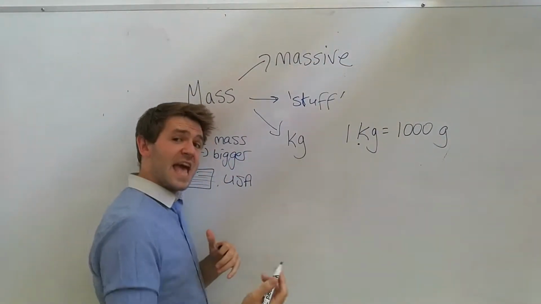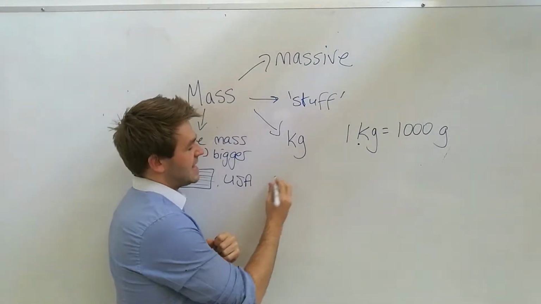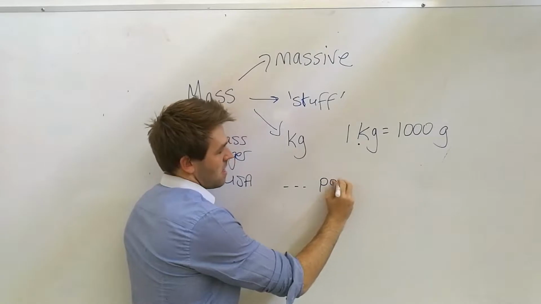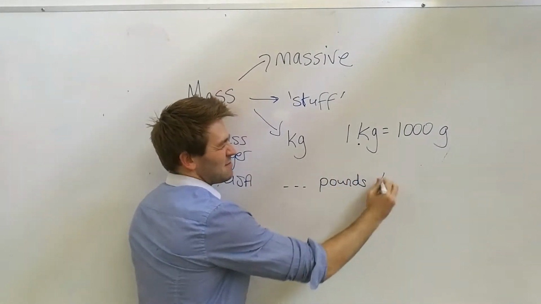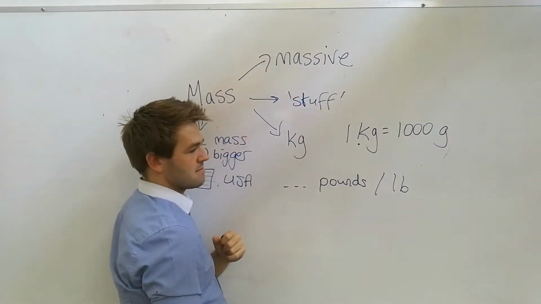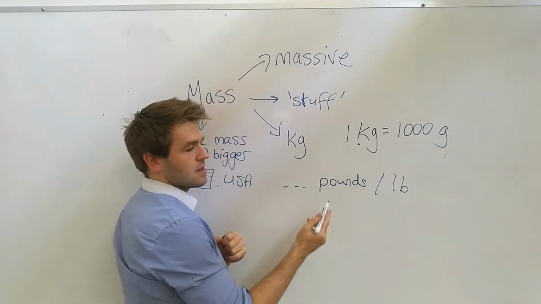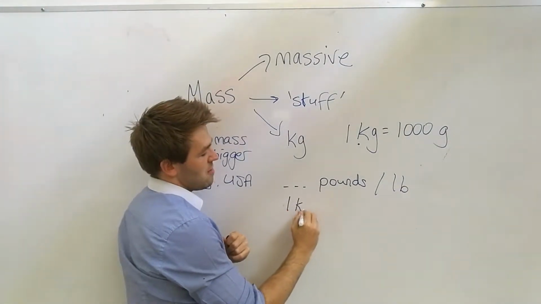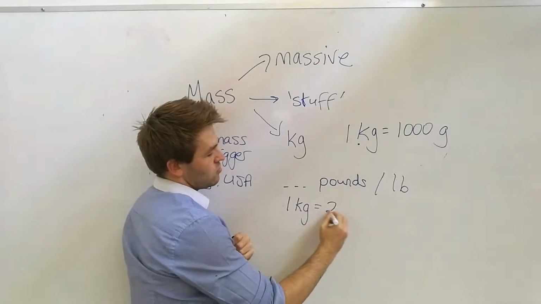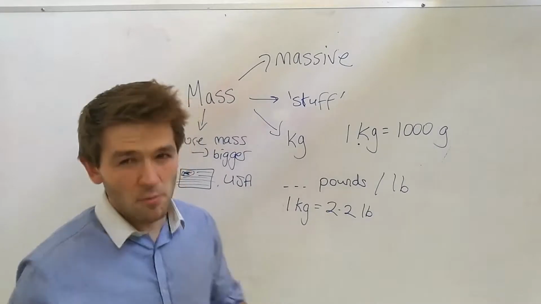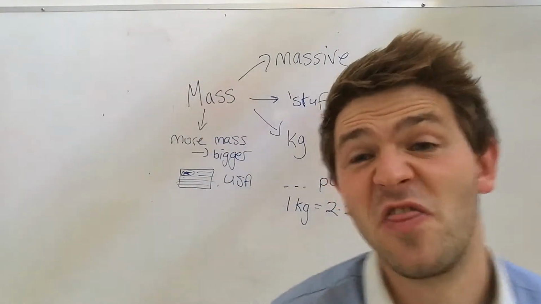But I would say in America that instead I would be something pounds. Pounds, which annoyingly has the symbol lb. What you can do is remember that 1 kilogram equals 2.2 pounds. About. It's not perfect. But certainly in America, that is what we have.